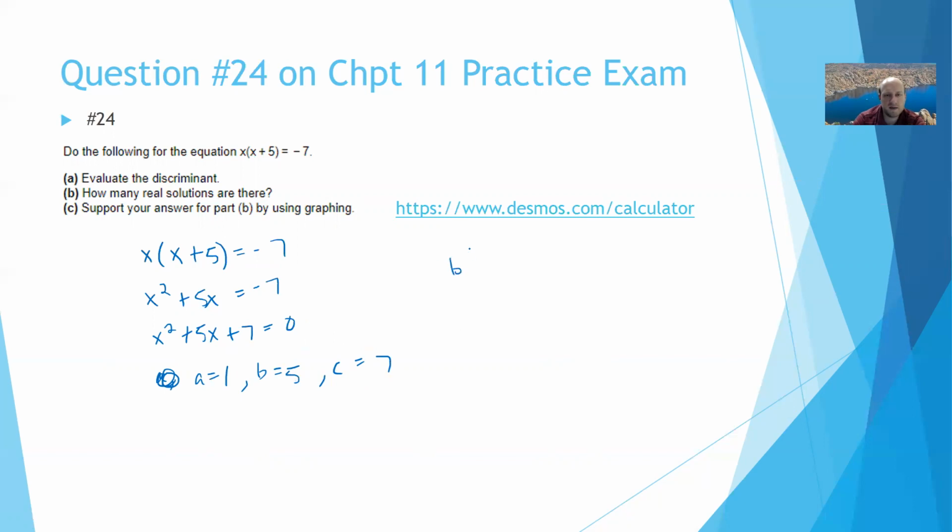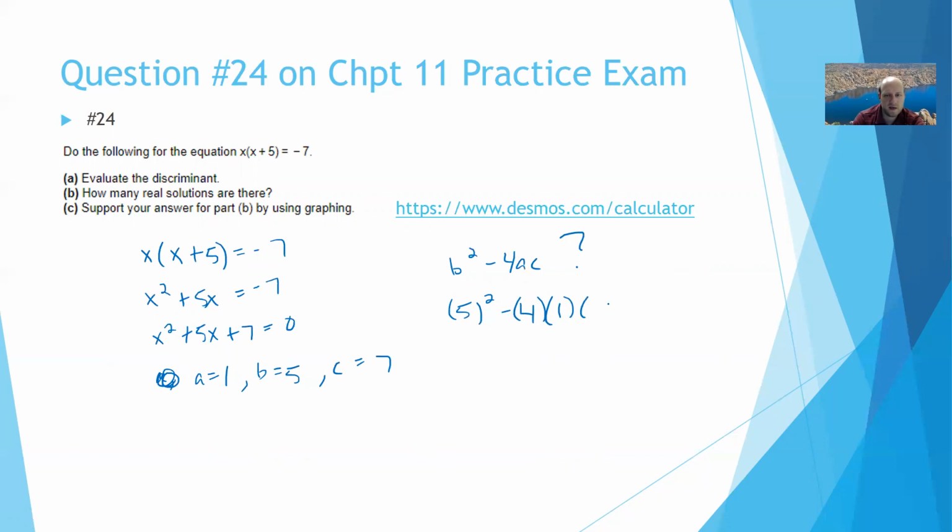Now, all we have to do is find what B squared minus 4AC equals. That's the discriminant. So we substitute 5 for B. I always put parentheses around the 4, just a habit, so I don't lose this negative right here.